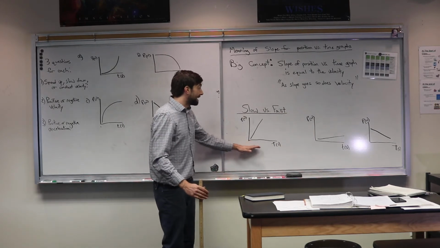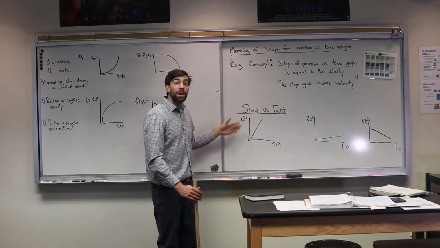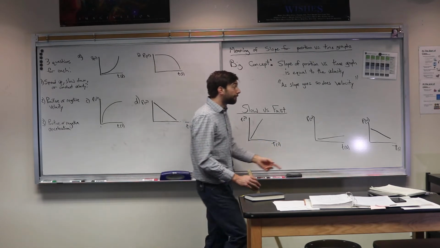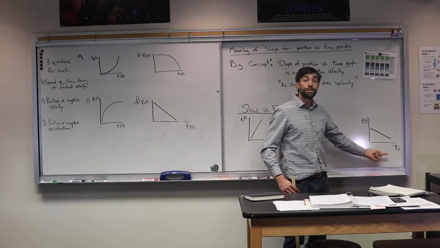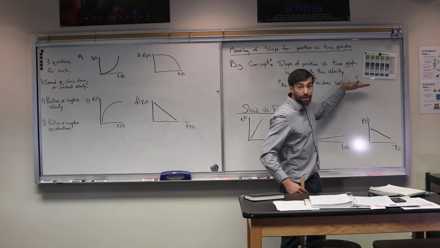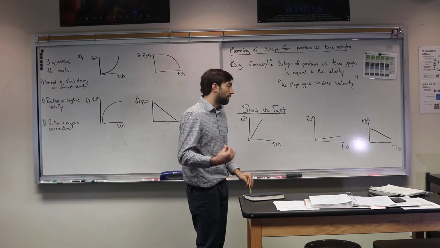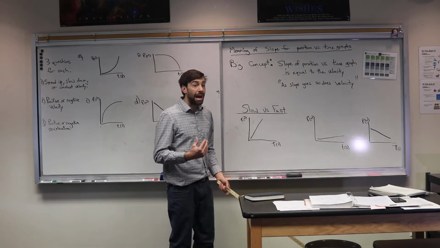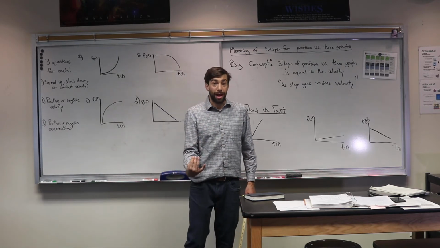If the line is increasing on our y-axis, or going up as we move this way, the slope is positive. If, as we move this direction on our position versus time graph, the y-axis values are decreasing, that slope is said to be negative. And so this graph right here represents an object that's moving to the left or in the negative direction.